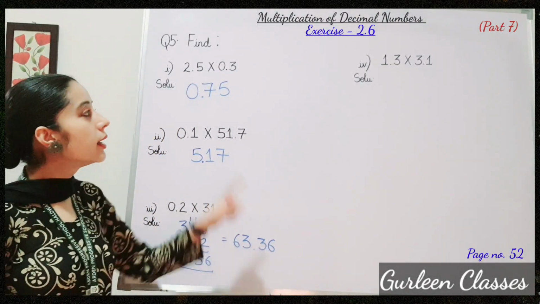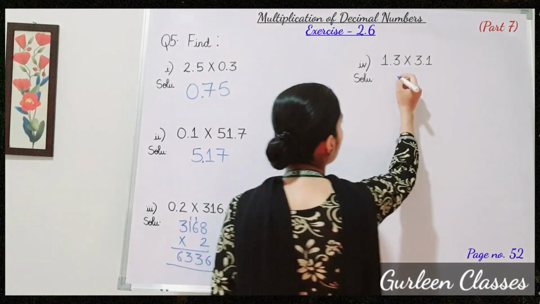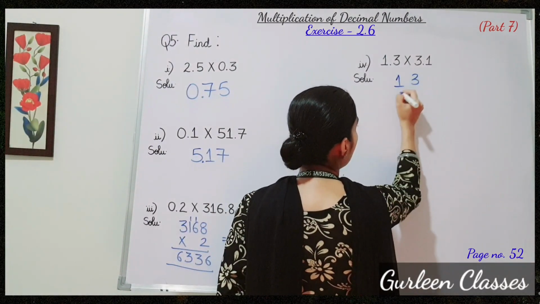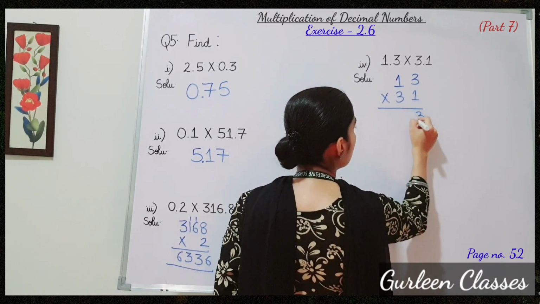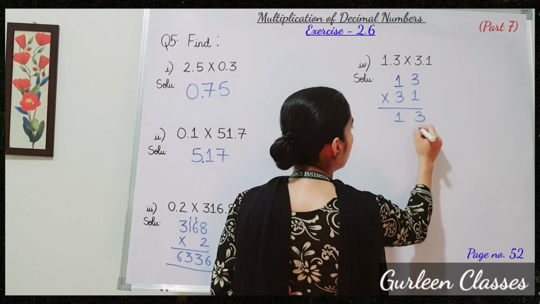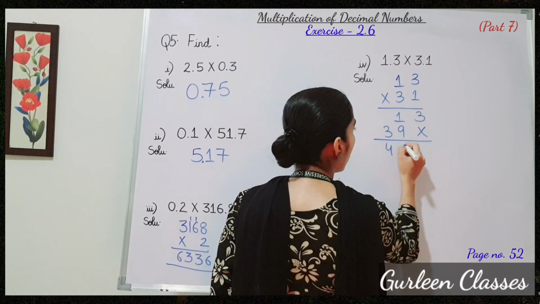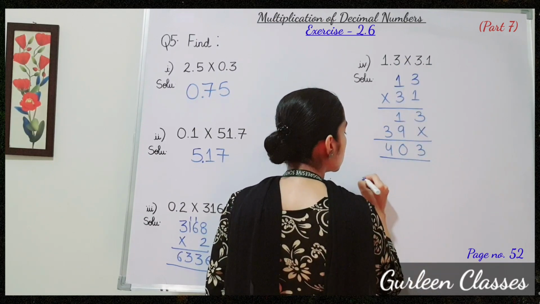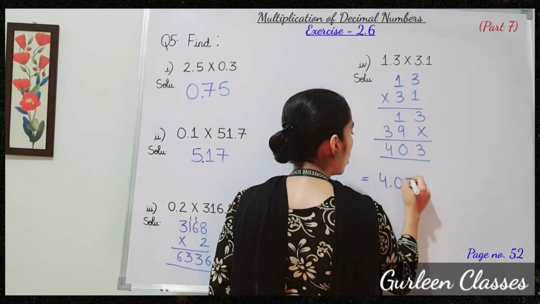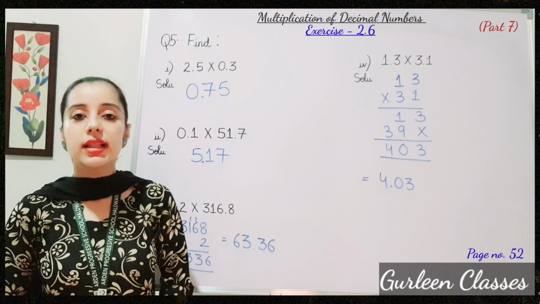Now fourth part, 1.3 into 3.1. So ignore the decimal point. It will be 13 into 31. Multiply: 1 3s are 3, 1 1s are 1. 3 3s are 9, 3 1s are 3. So answer is 403. After the decimal points there are 2 digits. So your answer is 4.03. So students, the remaining parts you have to solve in the same way as I explained.